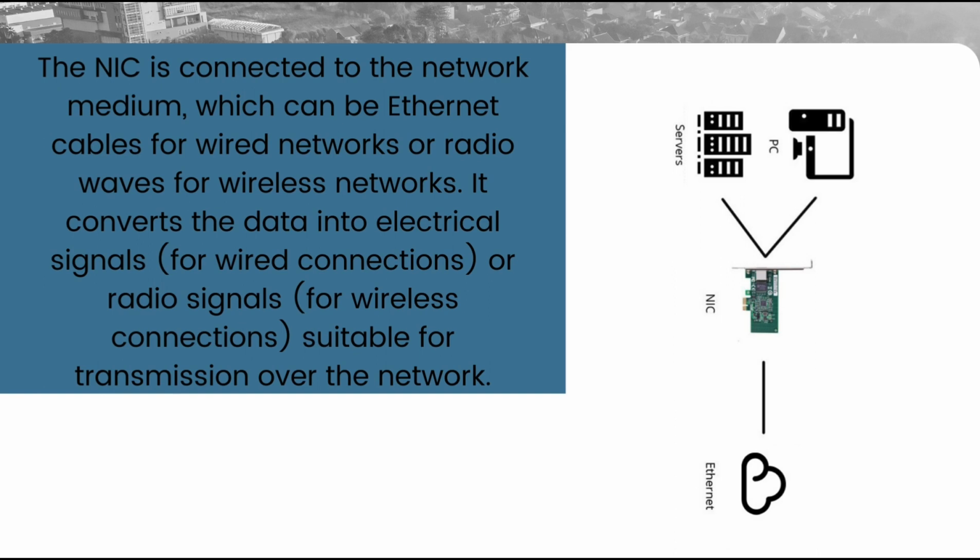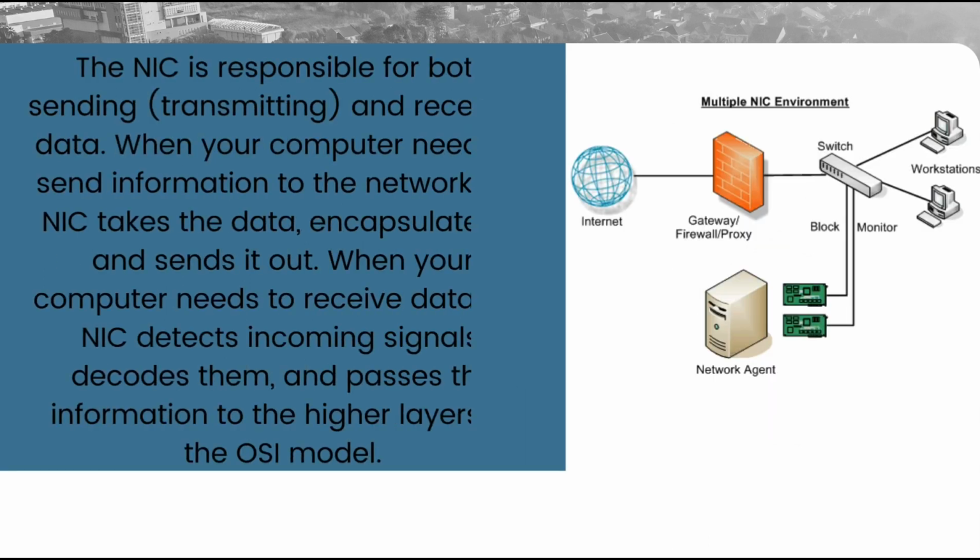The NIC is connected to the network medium, which can be Ethernet cables for wired networks or radio waves for wireless networks. It converts the data into electronic signals for wired connections or radio signals for wireless connections, suitable for transmission over the network.